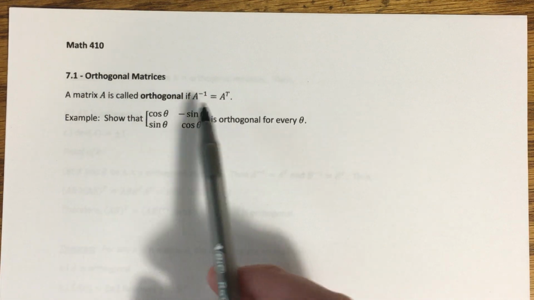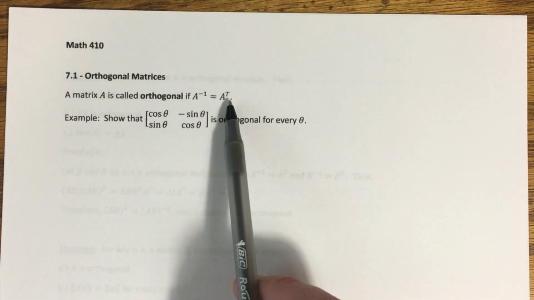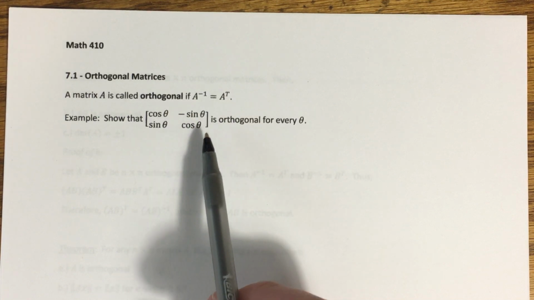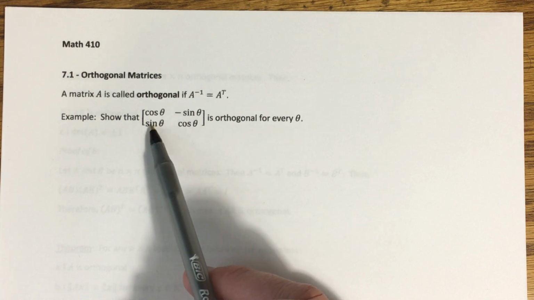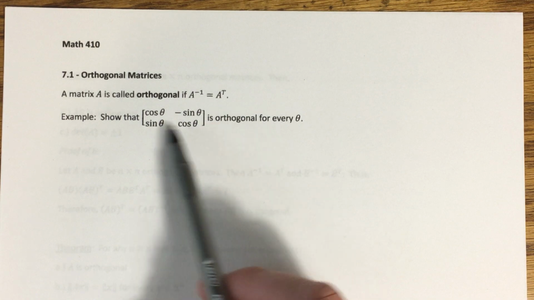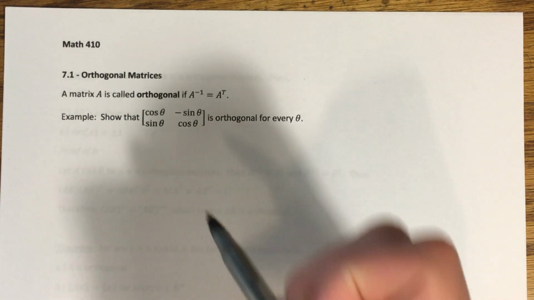The way that we do that is we need to show that the inverse of this matrix is the transpose of this matrix. Now, you could go through the process of using the inversion algorithm to show that this has an inverse that's the same thing as its transpose, but we could just use the definition of an inverse also.